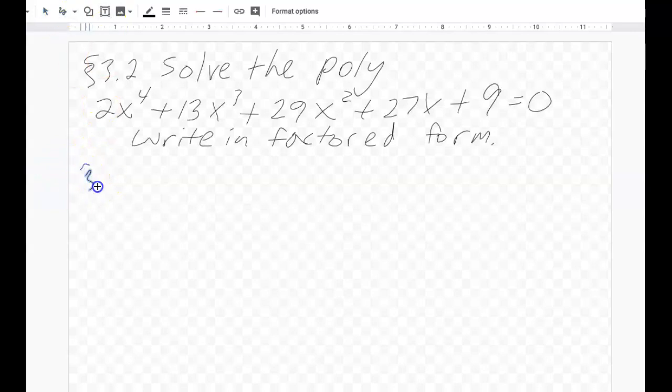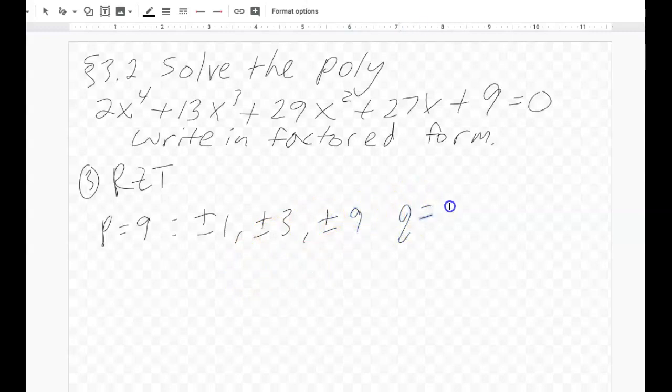I'm abbreviating it as RZT. We note that all the coefficients of our polynomial are integers, so we can use the rational zeros theorem. My P is 9, and I list all the factors of 9: plus or minus 1, plus or minus 3, and plus or minus 9.